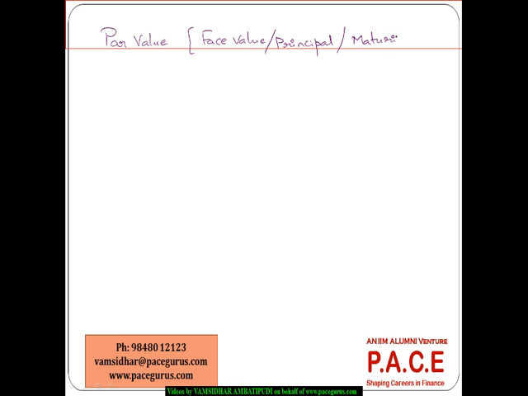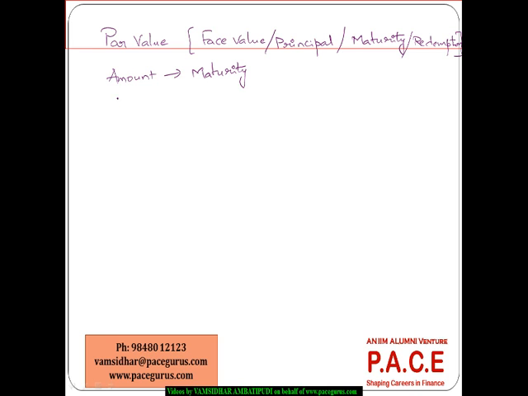On maturity, what is the amount that is getting paid, or even redemption value. When the bond is getting redeemed, what is the amount that is typically getting paid? All these mean the same. What is that particular amount that really gets paid on the date of the maturity? That is what is called the par value.